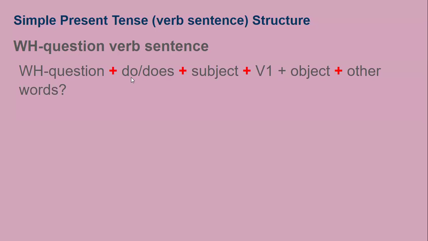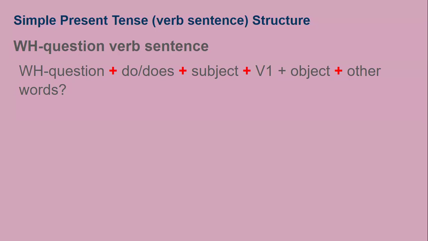Now, as you know, whether we use the auxiliary verb do or does is dependent on our subject. As we said, for he, she, and it, we use does. For I, you, they, and we use do. Okay? After that, we then need the subject, which is, of course, the person or the thing that is doing the action in a sentence.